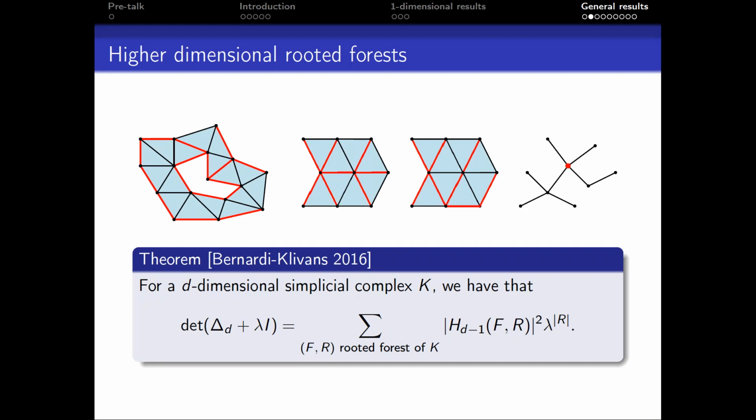There's a weight that you associate in the characteristic polynomial, and this weight, this h_D(F,R) squared, is related to the topology of your simplicial complex. It could be a little more involved if you want. It's not a direct extension of the matrix tree theorem, but the important takeaway is that you have a sum over rooted forests. And if you do the usual version of the matrix tree theorem, it is precisely the matrix tree theorem. So this fits with the one-dimensional version.